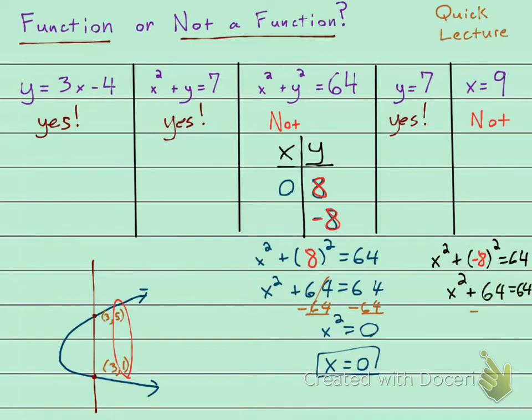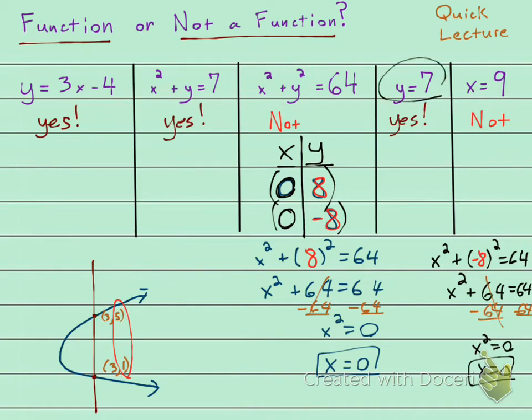And then you see what's going to happen. I will subtract 64 from both sides. And x squared will equal 0, and x will be 0. So you see now that I have the same x value with two different y values. All right, and you're going to find that when your y is to an even power.